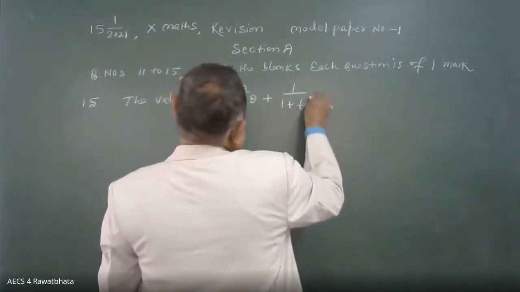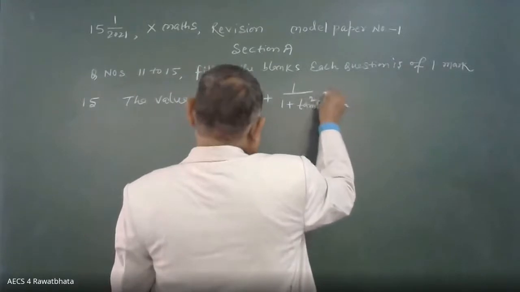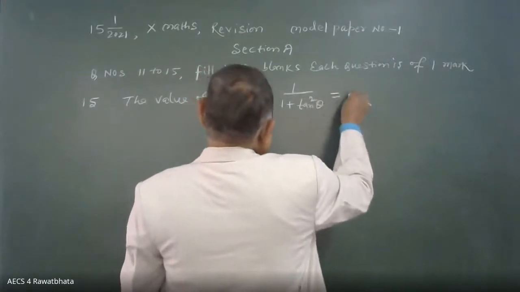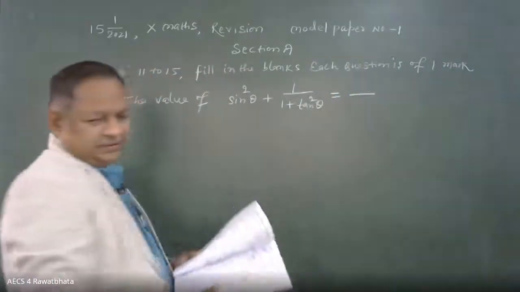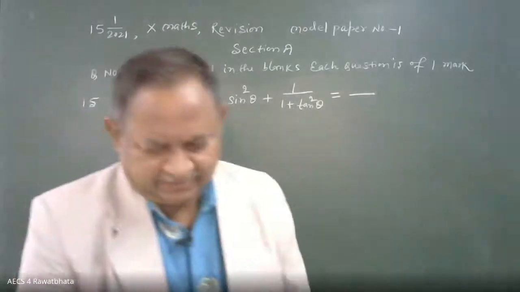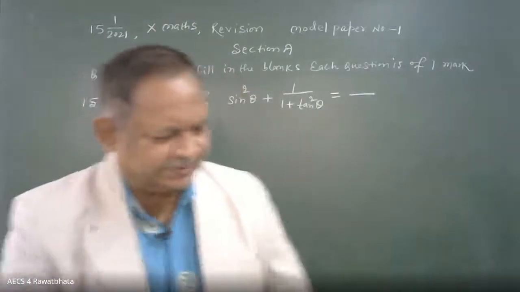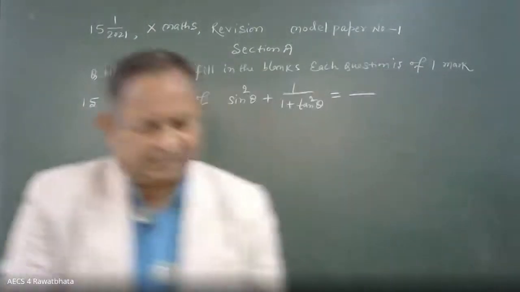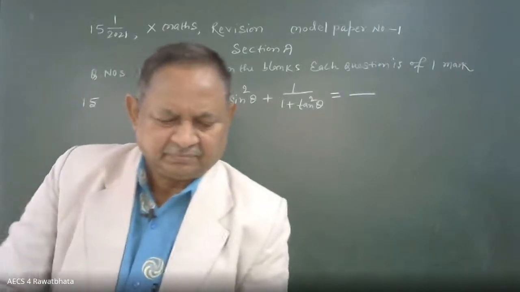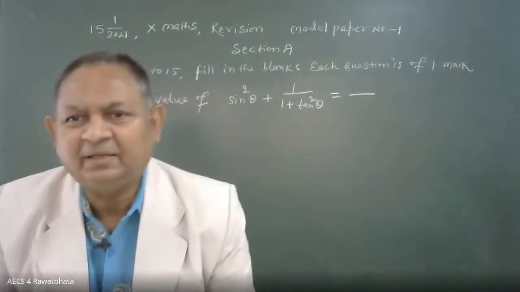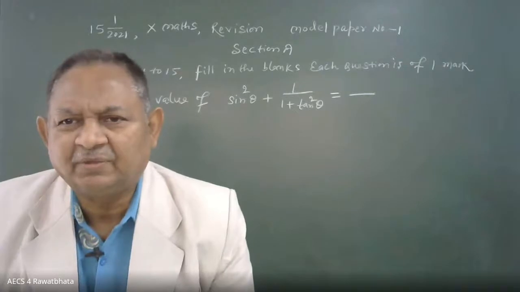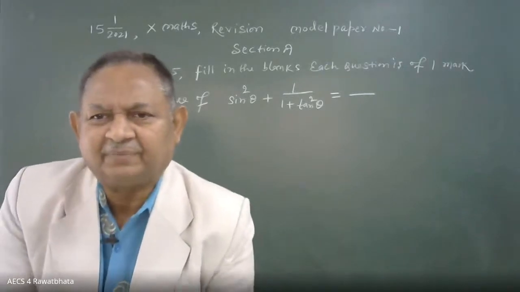you find, then I am taking your attendance. 10th A, roll number 2, 3, 4, 5. Roll number 2, 3, 4, 5.